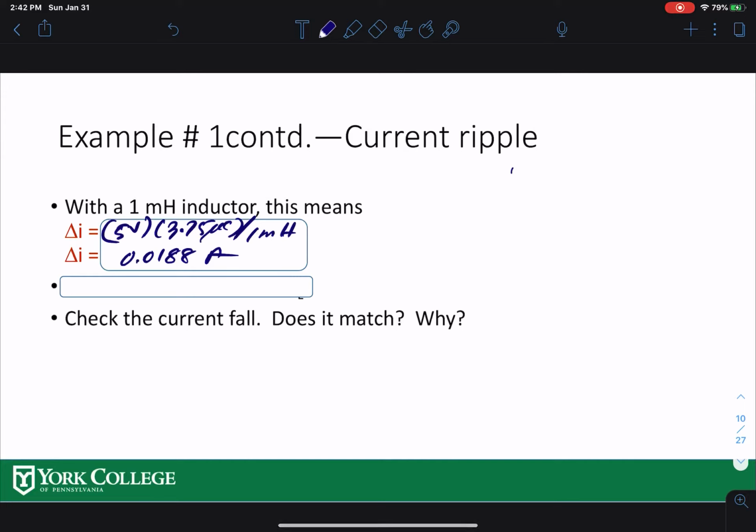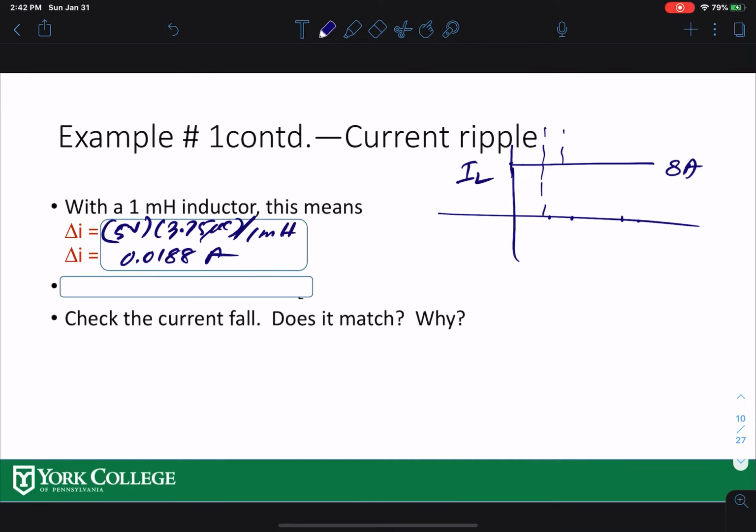How does it look? Let's say your inductor current is 8 amps, which is your average inductor current. So now you have a period here. For this period, I'm going to draw only one. Inductor current goes up, then for this period it comes down, like that.